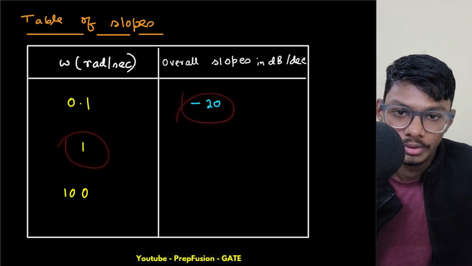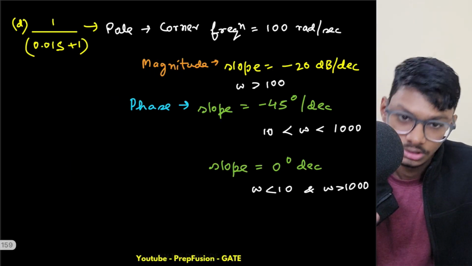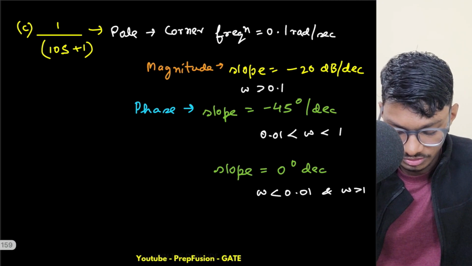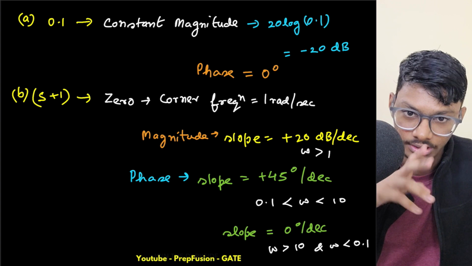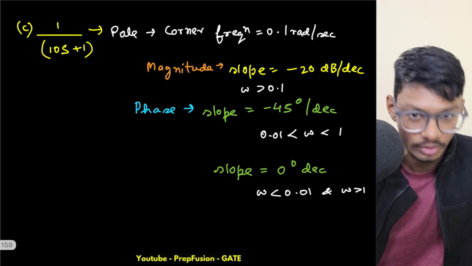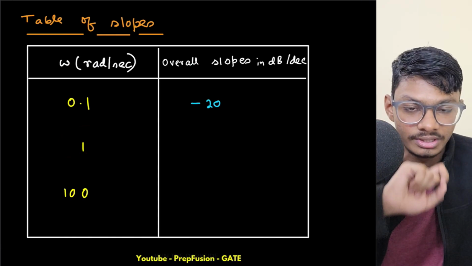Now let's do for omega equals 1 radian per second. So for omega equals 1 radian per second, my slope is already minus 20, and I have to add a few things. At omega equals 1, I'm getting a 0, which is also contributing plus 20 per decade. Now that pole was already contributing minus 20 per decade, and the 0 came at 1 radian per second, and it is contributing plus 20 per decade slope.